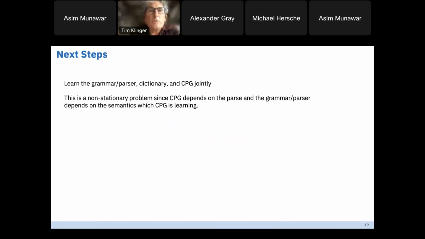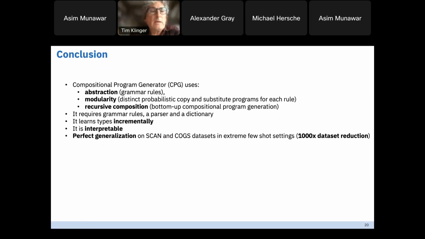So let me just wrap up. The takeaway here is we have this approach, a compositional program generator, that uses knowledge in the form of grammar rules and a dictionary in some cases, modularity in the form of distinct probabilistic copy and substitution programs associated with each rule, and recursive composition, where it constructs a program bottom-up for each input.